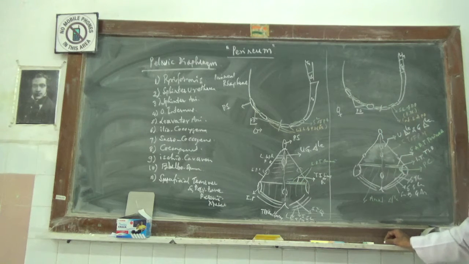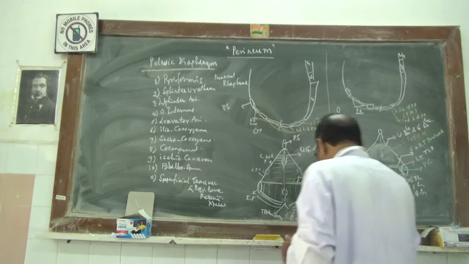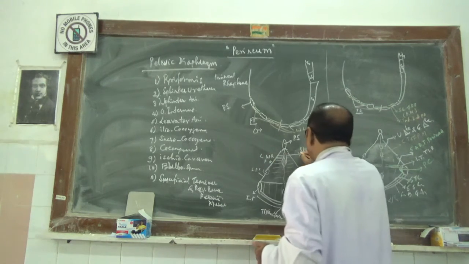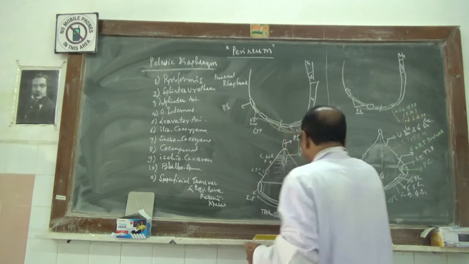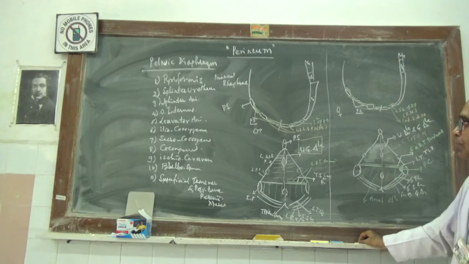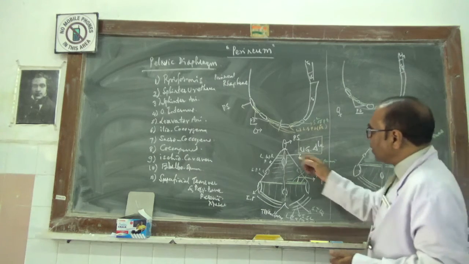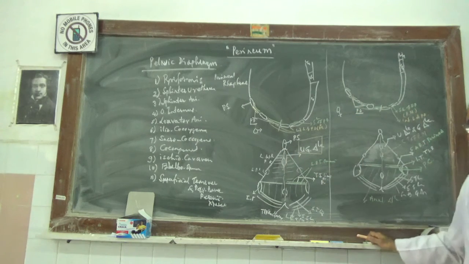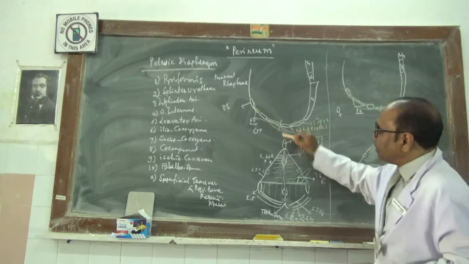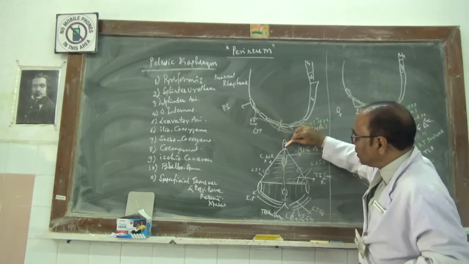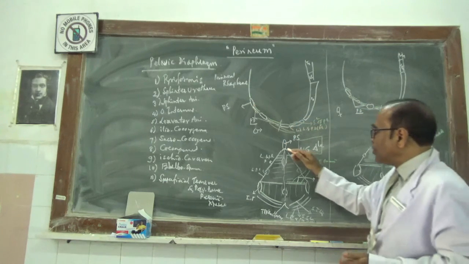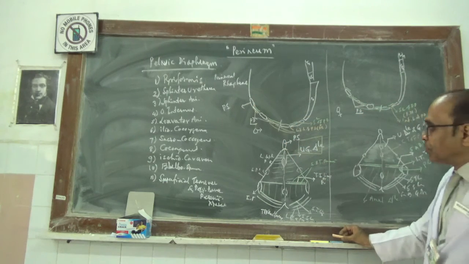Hence the name. So with this idea, now let us deal with the urogenital triangle first. What is the urogenital triangle? In front and above, it is limited by the pubic angle, which is present at the lower part of the pubic symphysis.